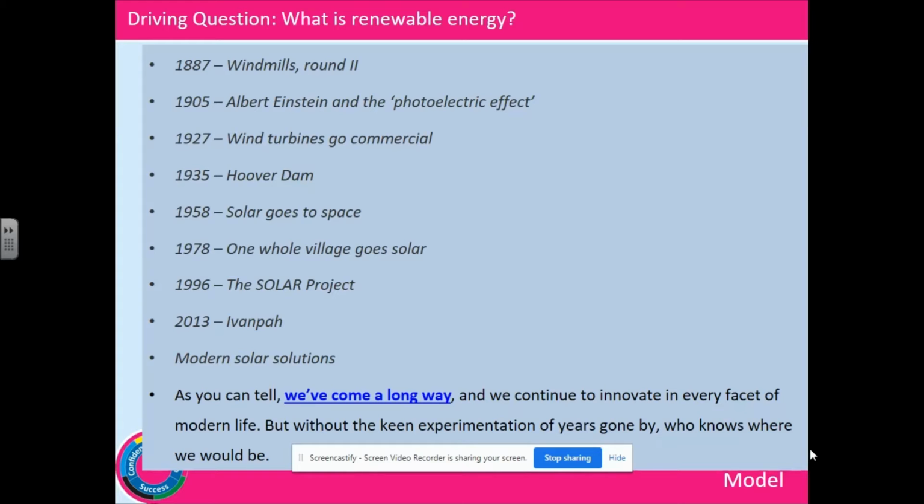Now, as you can tell, we've come a long way and we continue to innovate in every facet of modern life. But without the keen experimentation of years gone by, who knows where we would have been? So, if it had not been for all of these inventions throughout the years, we wouldn't be where we are today.